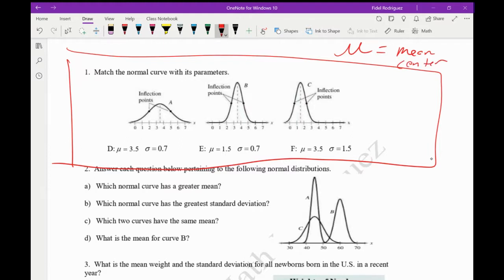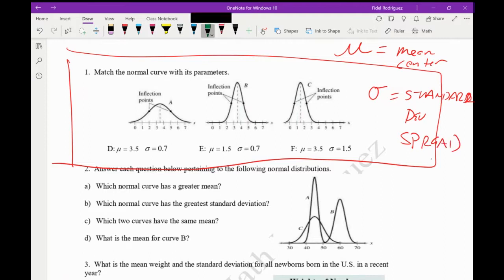And this here, looks like an O with a little hat, that's my standard deviation, and this is what gives me what we would call the spread.